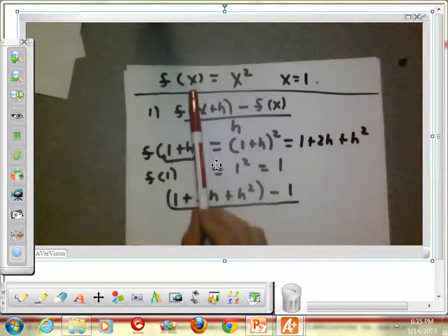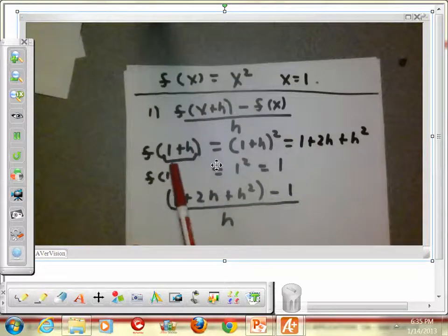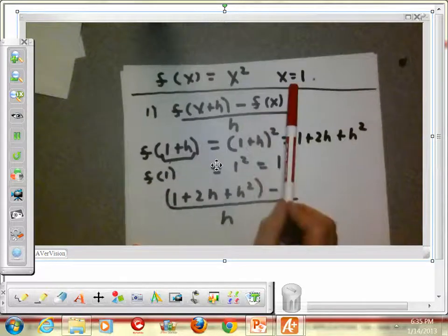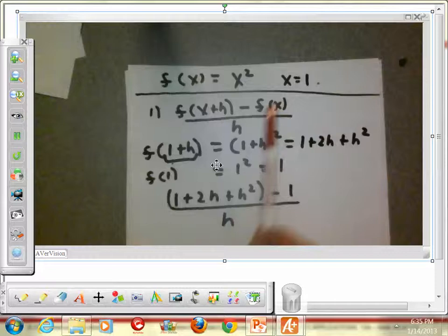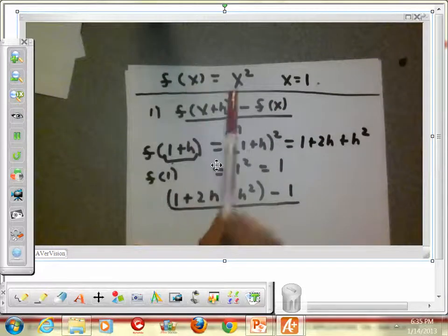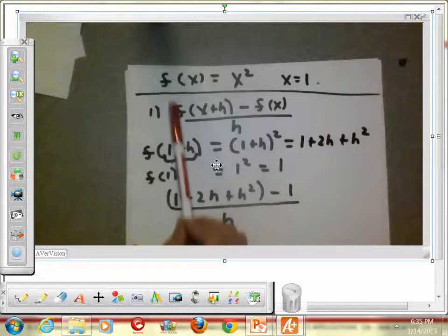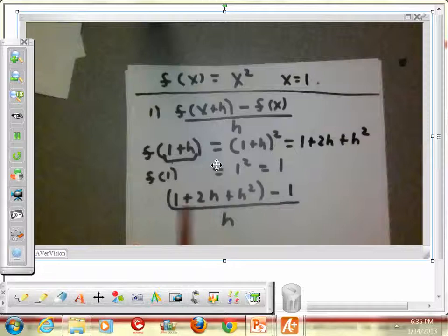The directions say whatever is in parentheses, square it, so we're going to square 1 plus h to get this. The next term is f of x. Well, x happens to be 1, so we want to find f of 1, and the directions are to square whatever is in parentheses. We have a 1, so we square it and get 1. Then f of x plus h is this term, f of x is this term, and we're dividing by h.